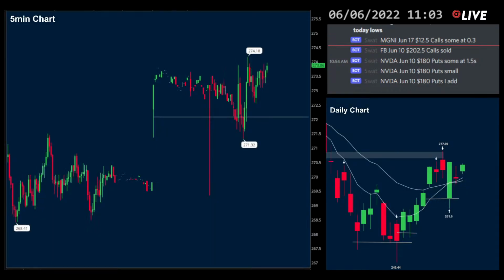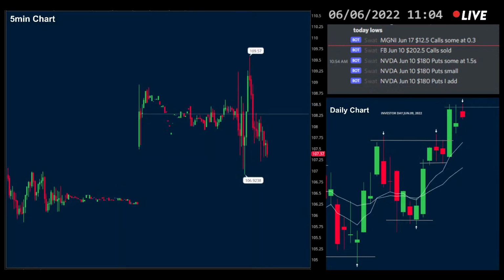Microsoft trying to go, but slow. AMD trying again the fade.